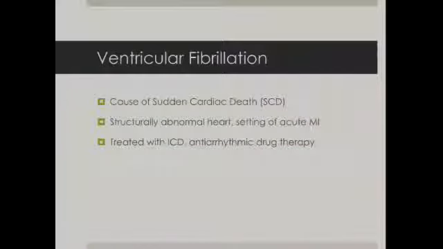Ventricular fibrillation. VF is the most common cause. That's why you hear about sudden death from an arrhythmia being from ventricular fibrillation. So we all ultimately have ventricular fibrillation. That's just because the cells fibrillate when they're dying. It almost exclusively occurs in structurally abnormal hearts, typically after an MI, so heart attack, myocardial infarction, or in the setting of an acute heart attack.